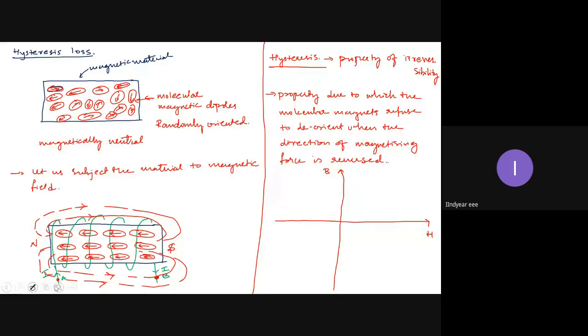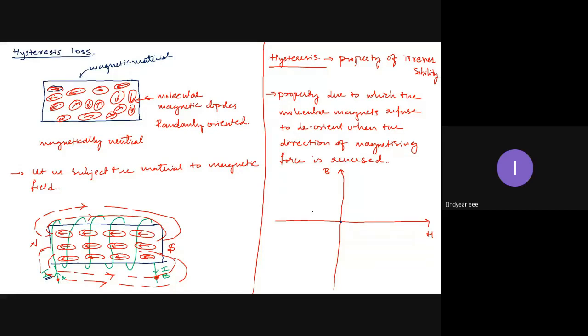Now, initially, when the magnetizing force is zero, that is when the magnetic material is magnetically neutral, all the molecular magnets are there to orient in one direction. So when I start increasing the magnetizing force, that is when I start increasing this current, initially all the magnetic poles, dipoles, molecular magnets try to orient.